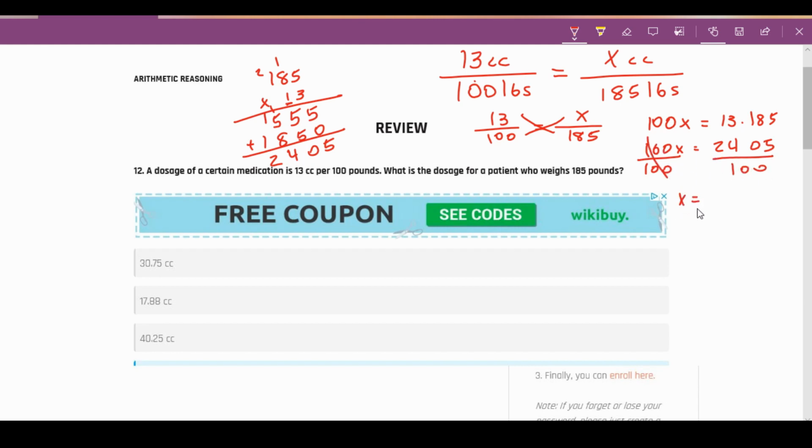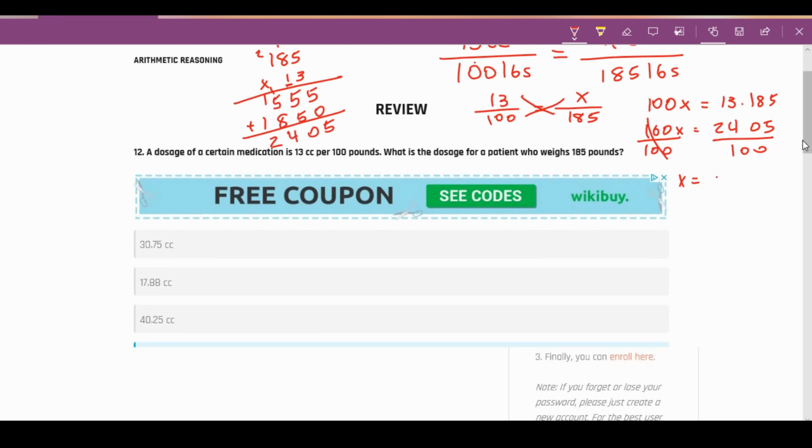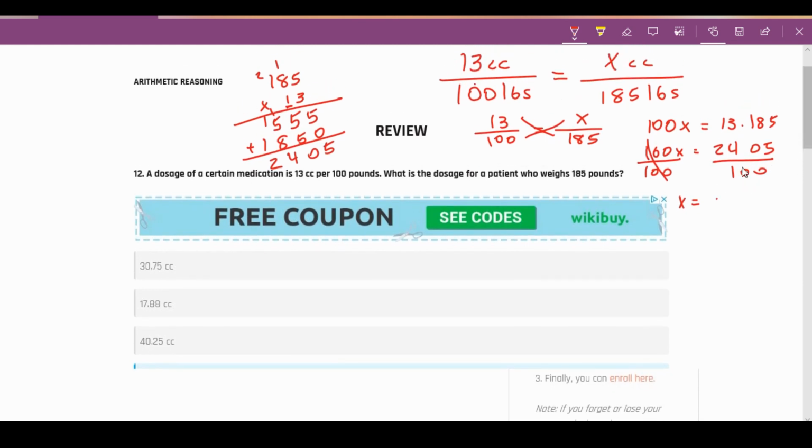This leaves us with x equals 2405 divided by 100. Again, when we're doing division with 10, 100, or 1,000, we just shift the decimal according to how many zeros there are. In this case, there are 2 zeros in 100, so we're going to shift this decimal 2 times.